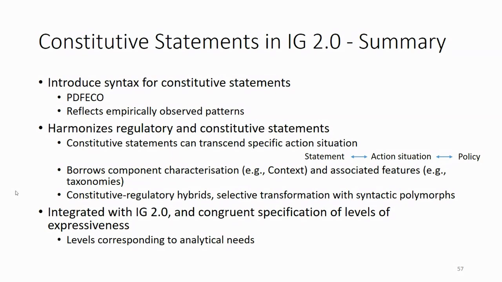So in IG 2.0, it's no longer sensible to forego the coding in principle of the constitutive or regulatory side. In some way or another, it can or should be considered, and now the specification offers the opportunity to do so in congruence. That means we can, for example, encode regulatory statements in IG Extended and can now equally decompose structure for constitutive statements as well.